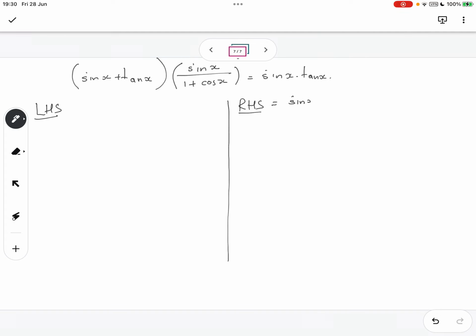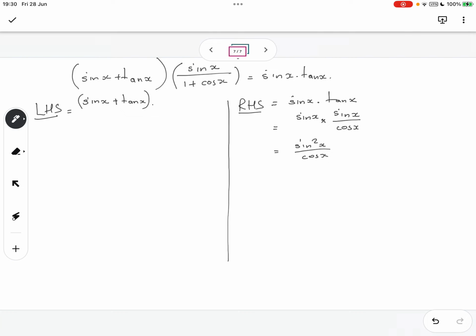On our right hand side, we have the sine of x times the tan of x, and this equals the sine of x times the sine of x divided by the cos of x, and this gives us sine squared x over cos x. Maybe we can't go further. So we will look at the left hand side, and here we have sine of x plus tan of x.